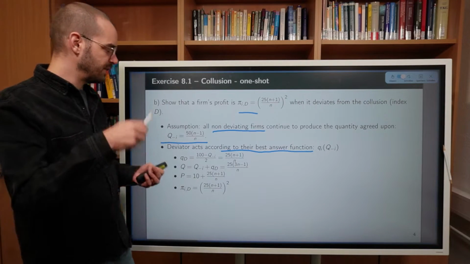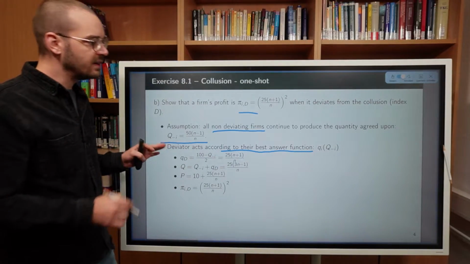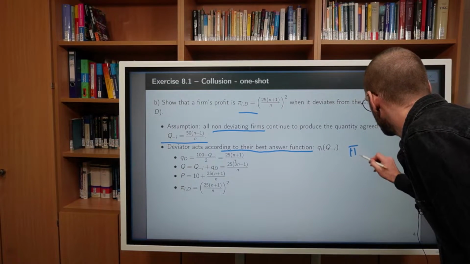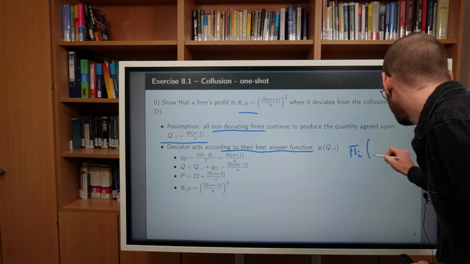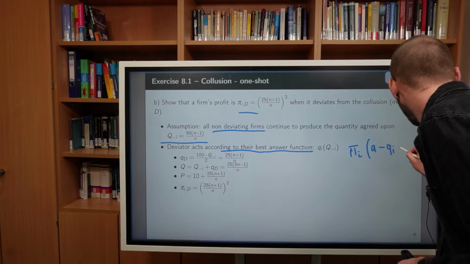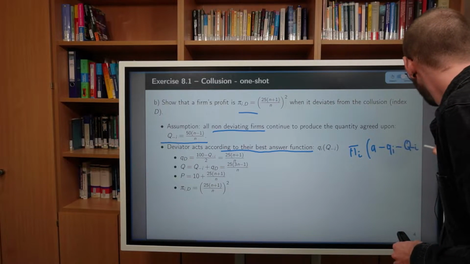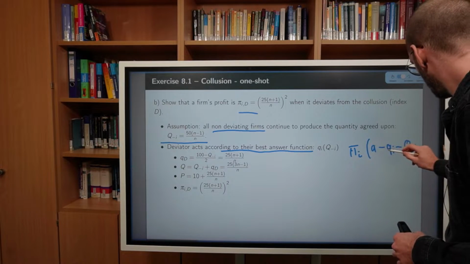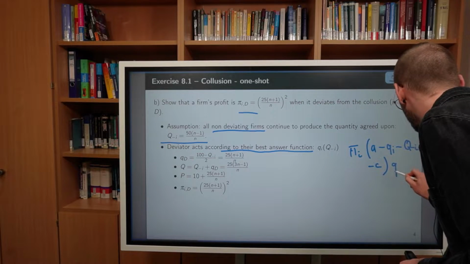So if we simply state the profit function, which is the usual one that we know from any Cournot competition, let me just write it down over here. The individual firm's profit, of course, is (a minus Q_i minus Q minus i, minus c) times Q_i.